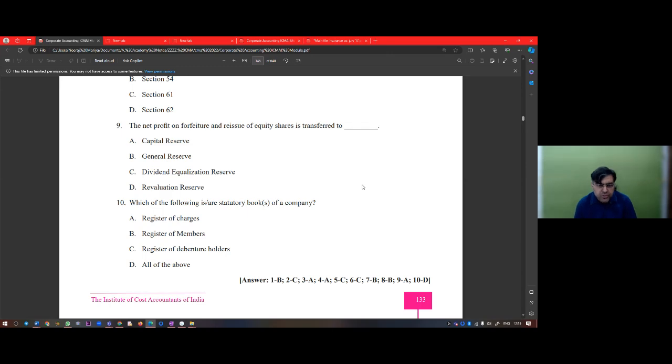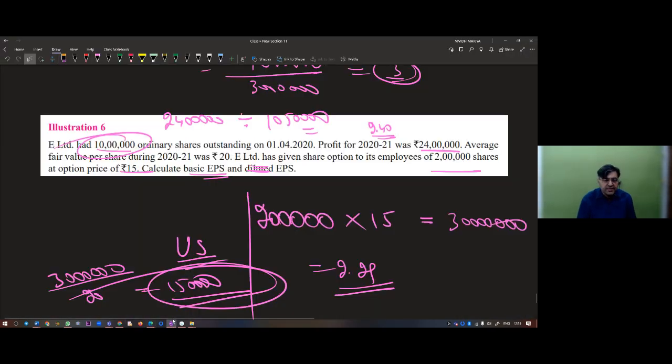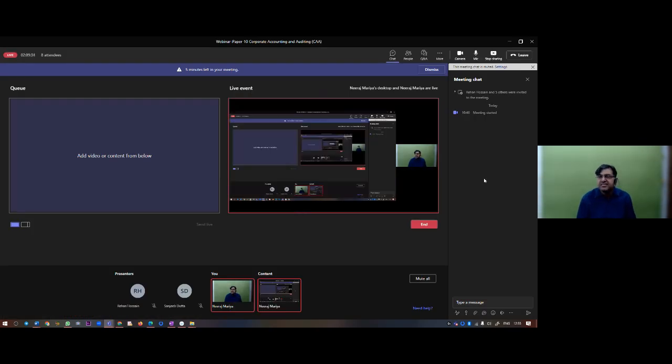The statutory books include register of charges, members, all of the above, D. Any doubts till now? No doubts. We are left with the last 5 minutes.